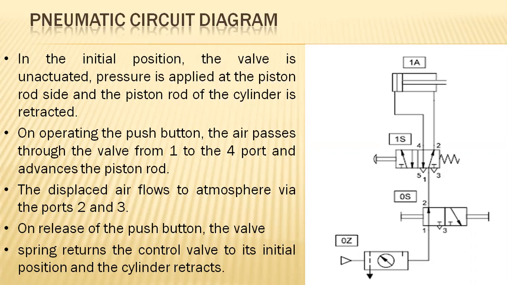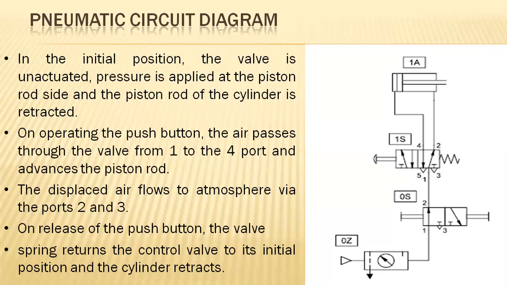So here we have the basic pneumatic circuit diagram, which is actuating the linear movement of the cylinder and piston arrangement, that is initiating the 1A, and 1S is the directional control valve.